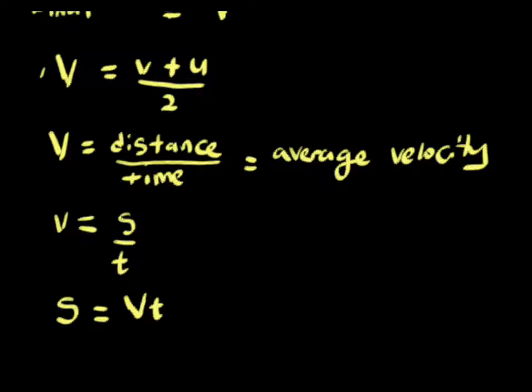So instead of writing distance equal to average velocity times t, we can represent average velocity now as final plus initial velocity. So average velocity we represent as v plus u over 2, now multiplied by t. That's what we're going to have in the aftermath.